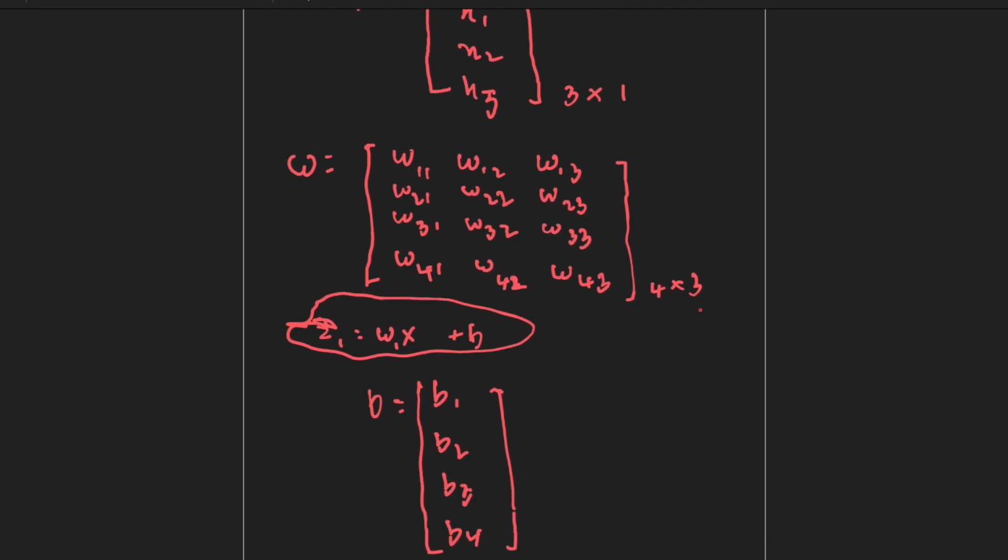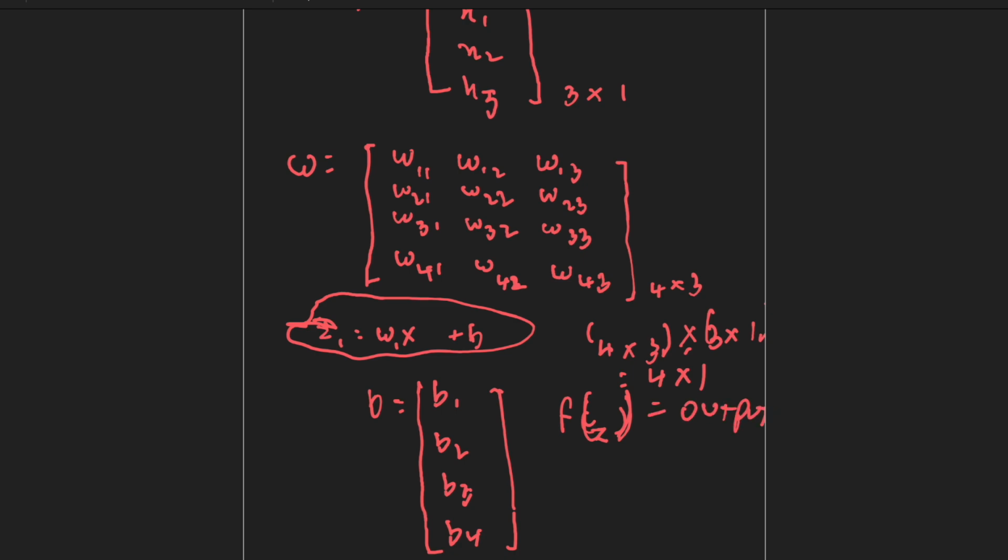If we multiply W1x, so 4 cross 3, with the input 3 cross 1, the output matrix size will be 4 cross 1, and then we will be adding the bias, so we will get the final matrix out of this. That matrix, which is Z, will be passed inside an activation function. So this will give us the final output.